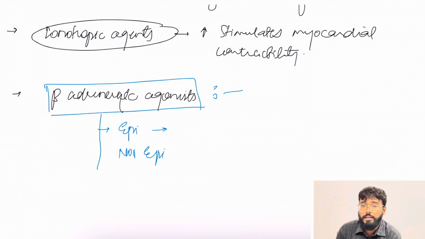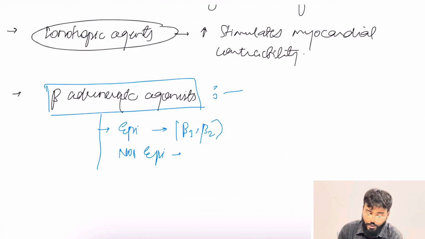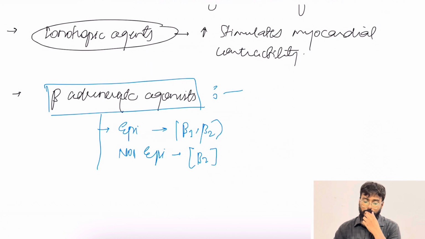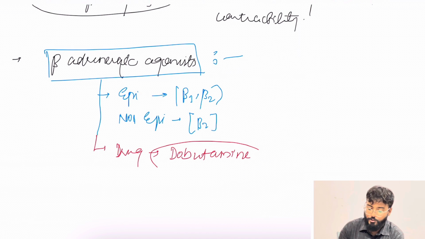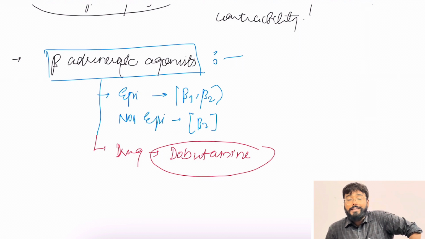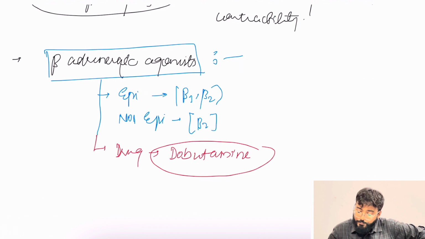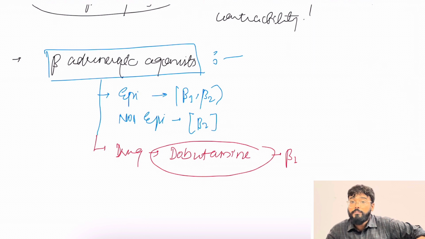Epinephrine primarily binds to beta receptor. Beta receptors are beta 1 and beta 2. So epinephrine stimulates both beta 1 and beta 2. And norepinephrine primarily stimulates beta 2 receptors. The other agent, which is a drug, is dobutamine. Dobutamine is a drug that is positive inotrope and it primarily binds to beta 1 receptors.